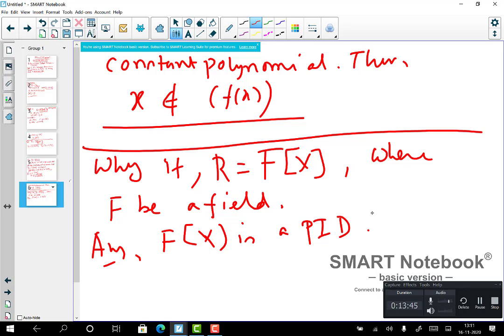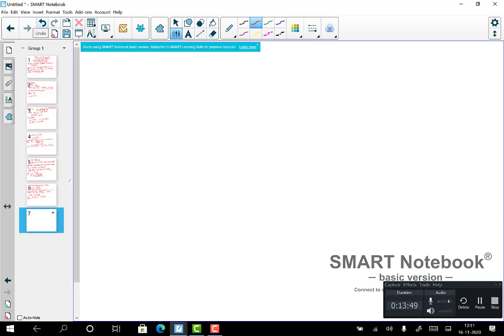Now, what important properties do we know? Let me discuss some of the properties. For example, we discussed that in a UFD the prime elements and irreducible elements are equal. But at the ideal level, what happens? Let us try to understand.